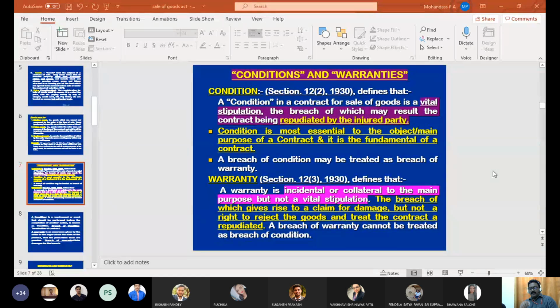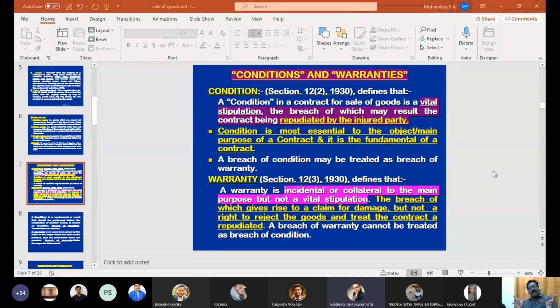Vaishnavi, can you please tell me the difference between condition, warranty, and guarantee? I'll help you, don't worry. The condition is put by the sellers for the specific product. Condition is the most important stipulation.